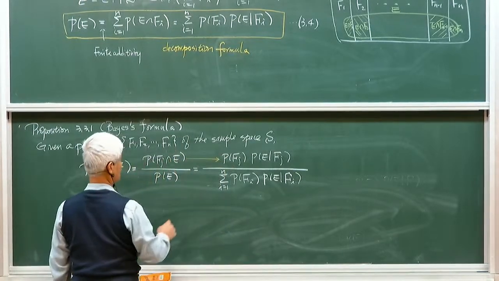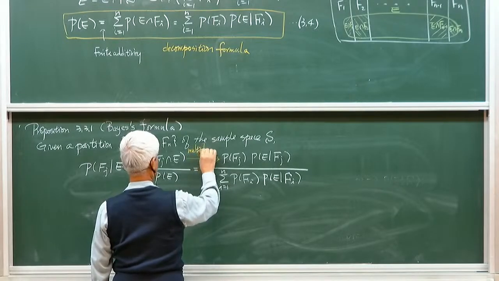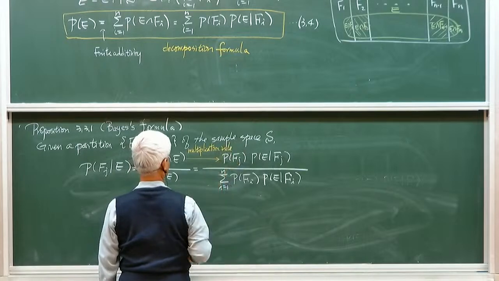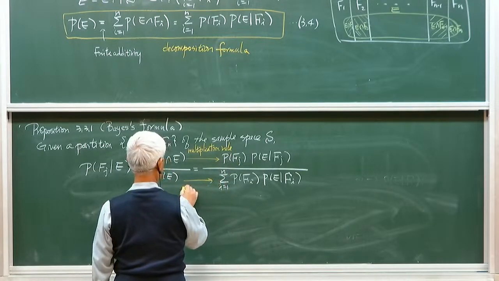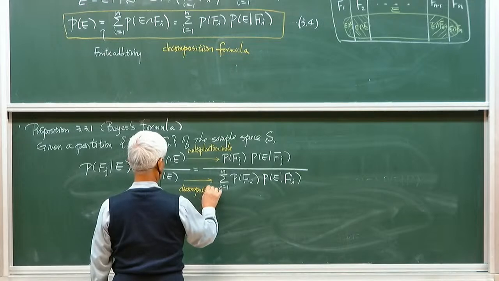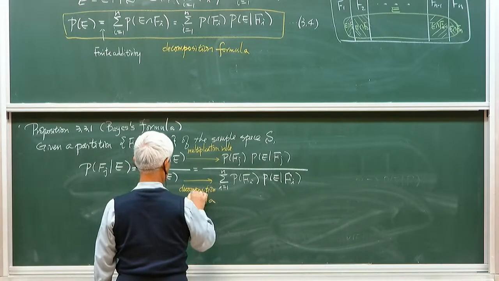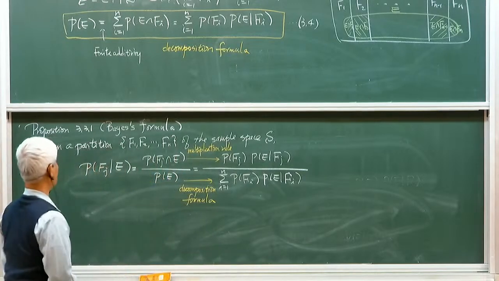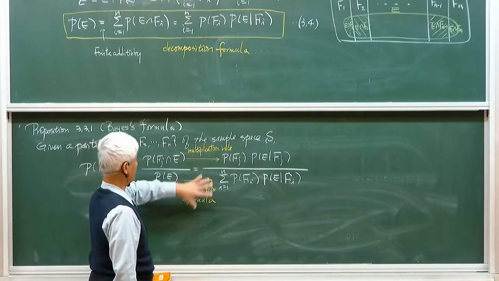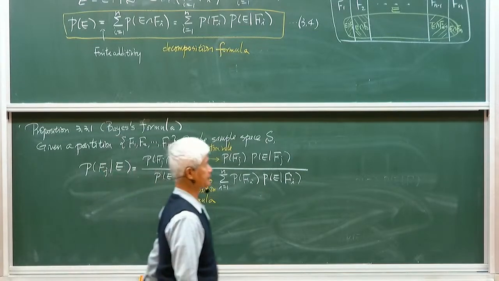For the denominator, we use the decomposition formula. So the proof of this proposition is quite simple, just applying the multiplication rule as well as the decomposition formula.